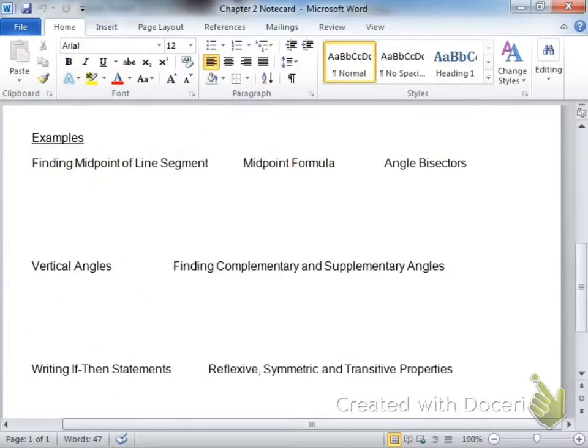These types of problems, either explained or just examples, on your note cards as well. So I would make sure you know how to find the midpoint of a line segment, or if I give you the midpoint, what the measures of each side of the segment are. I would make sure you definitely include the midpoint formula.